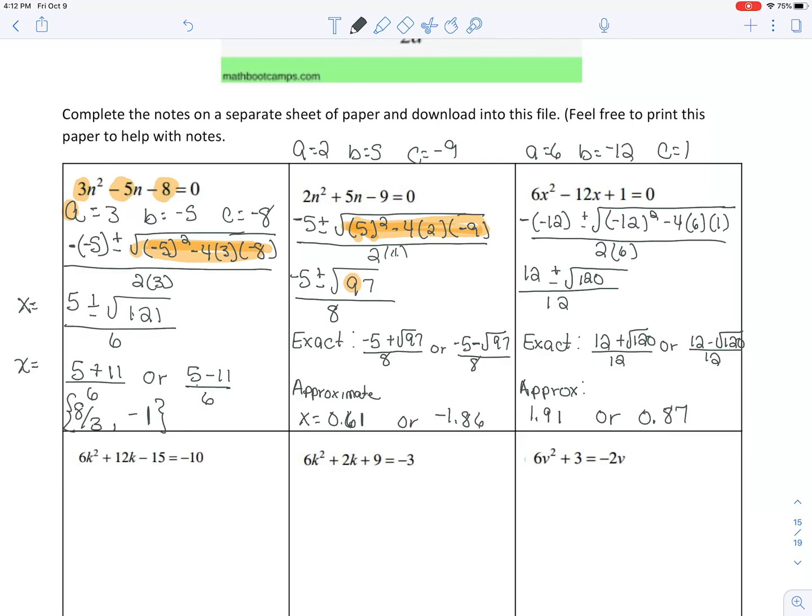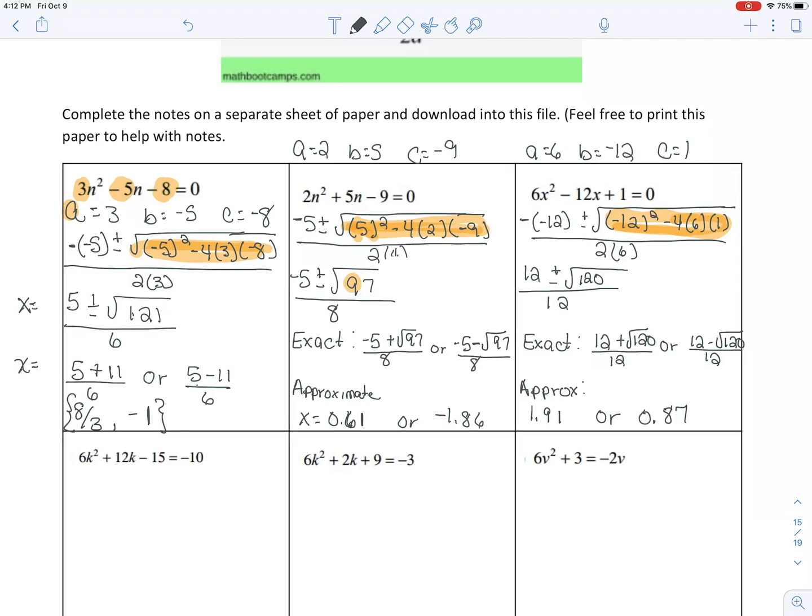Okay? Make sure you're getting the same answers on your calculator, because putting this in your calculator is probably the most difficult part of this. I just want to remind you, we're putting this in our calculator first to get the 120, and then we're taking the square root of that.